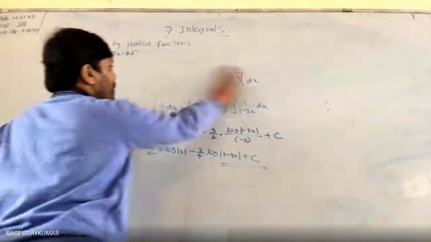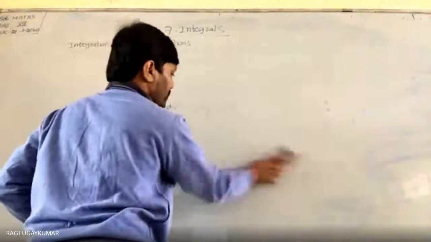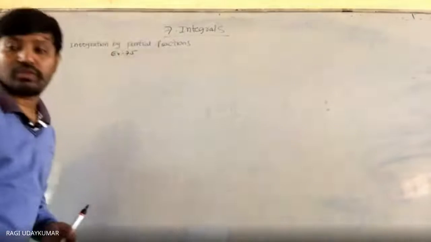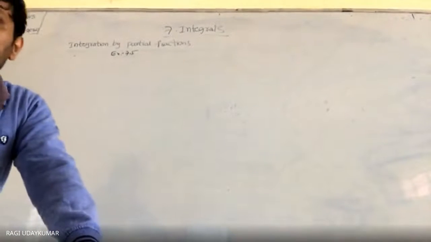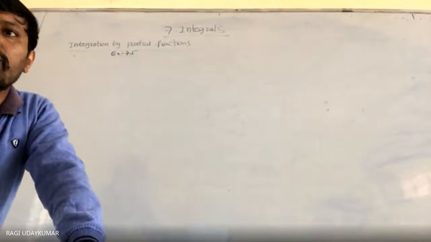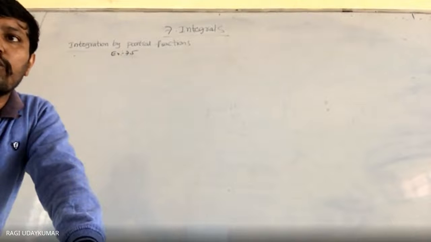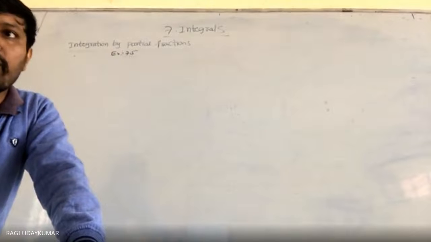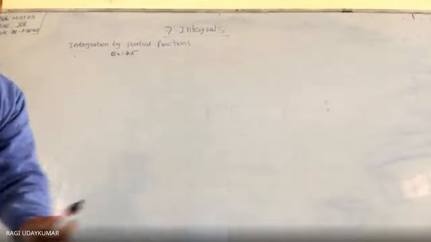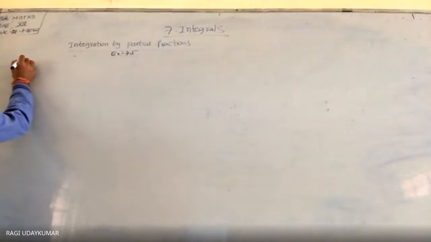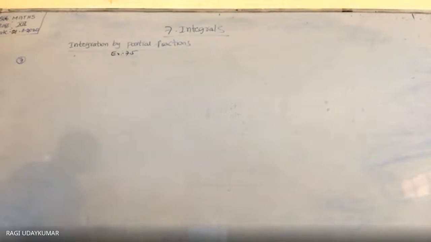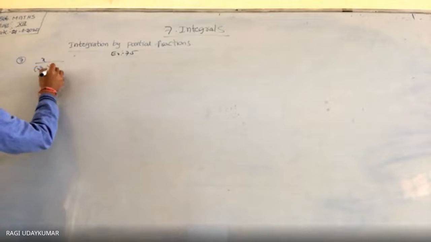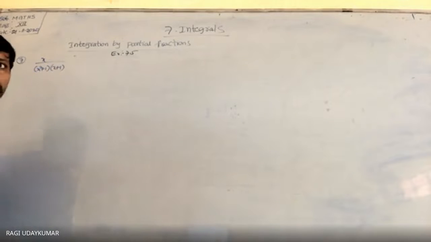Okay, so next let us move to the next model, the seventh problem. See, the seventh model is different, but what is harder than this, let us see. In the seventh, x square plus 1 cannot be factorized, so let us do the seventh problem. This is a different model. The question given to you is x by x square plus 1 into x minus 1.